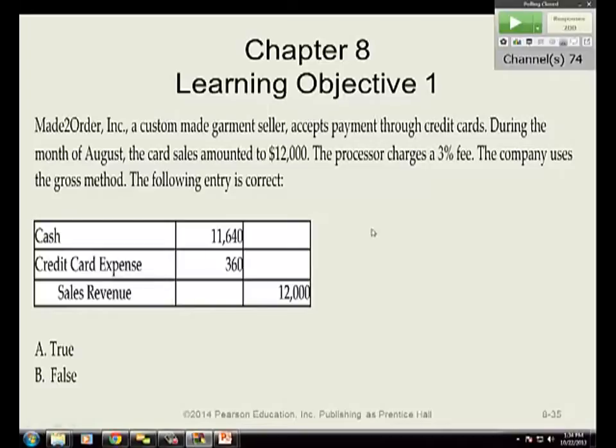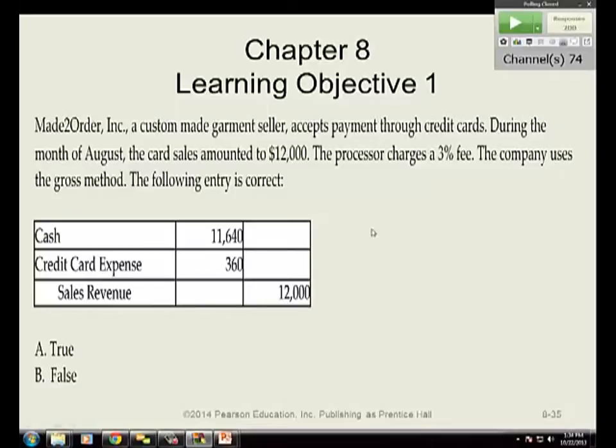If it was the gross method, you would debit cash, credit sales, and then when the fee is assessed, record the expense. So that would be the gross method. You would record the sale at the full amount, or the cash at the full amount of the sale, and then record the expense later.